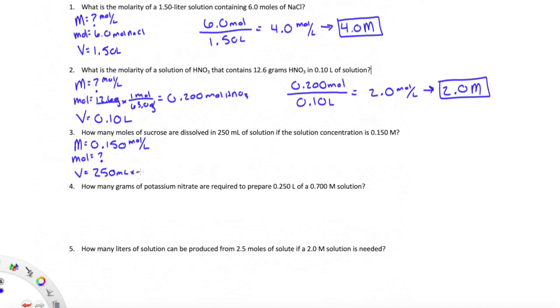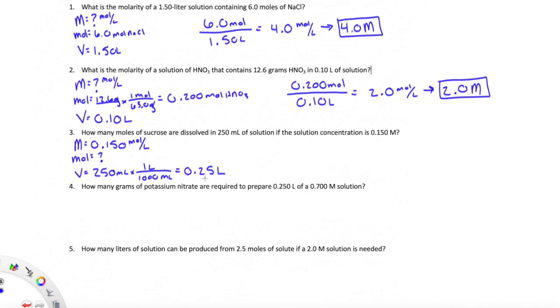We'll use some dimensional analysis to do that real quick. So I know that there are 1,000 milliliters in 1 liter. So basically, if I divide that by 1,000, I can just move that decimal place over 3 spaces, and I've got 0.25 liters. Okay? And I started with 2 sig figs, so I want to make sure my volume has 2 sig figs.